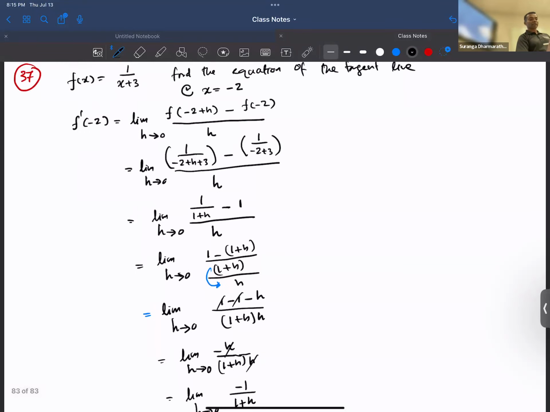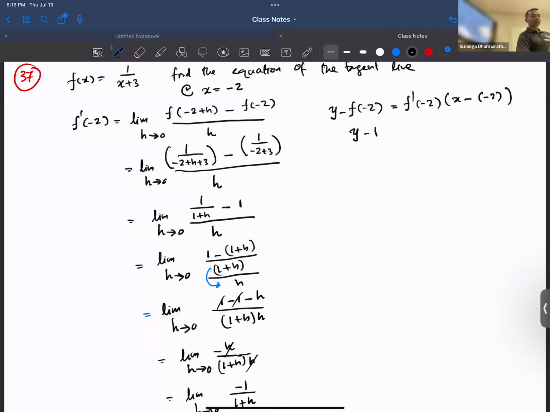The equation of tangent line is what? Y minus f of negative 2 equals f prime negative 2 times x minus negative 2. Okay, that becomes positive 2. So what is f of negative 2? F of negative 2 is 1.